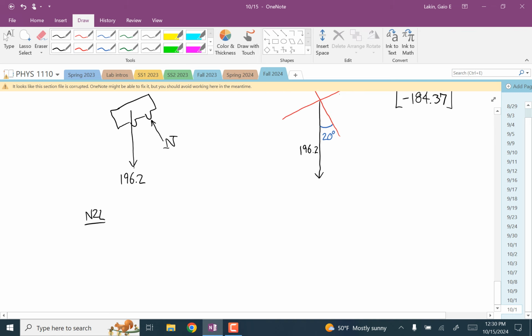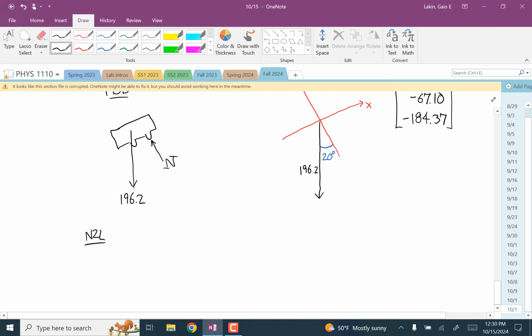We have the weight force that I calculated here, has components negative 67.10, negative 184.37. And then the normal force, 0, N. And that's equal to the mass, 20, times the acceleration, a, 0.